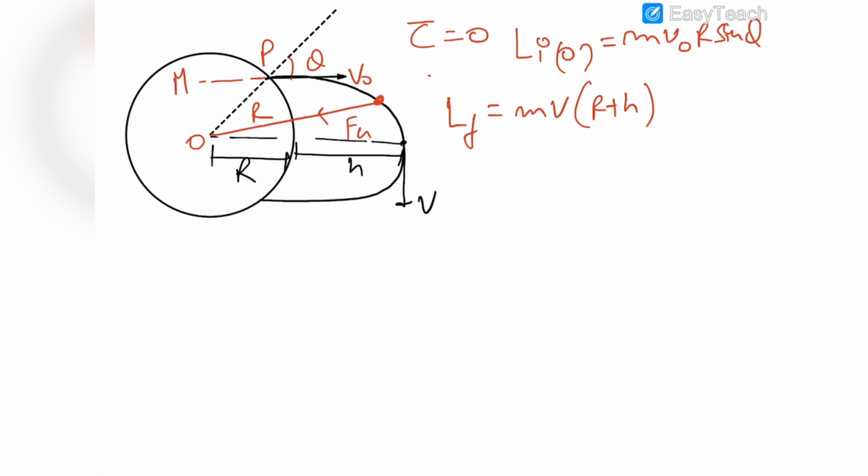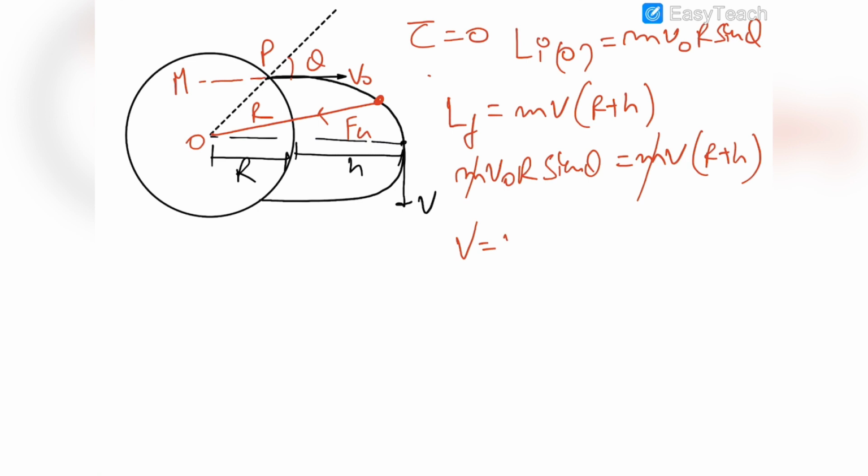So balancing these two angular momentums, m v naught r sine theta will be equal to mv into r plus h. Cancelling m with m, so you can see that v will be equal to v naught r sine theta upon r plus h. Okay, this is the first equation.